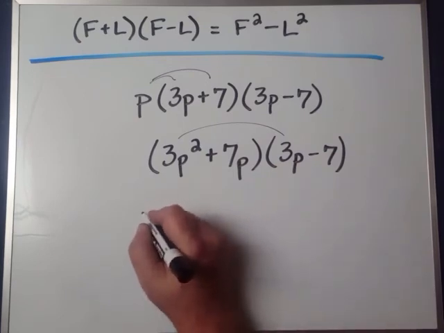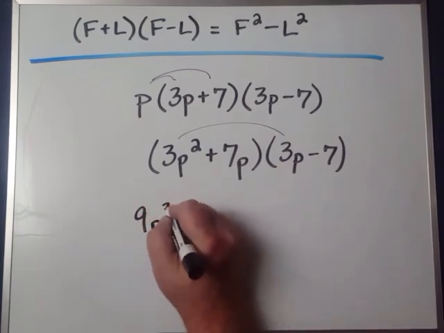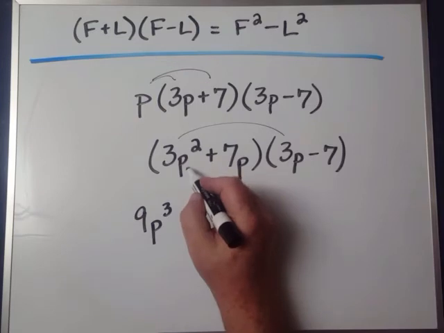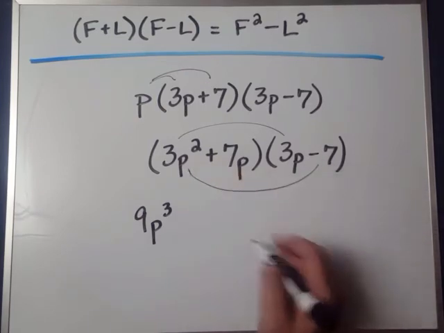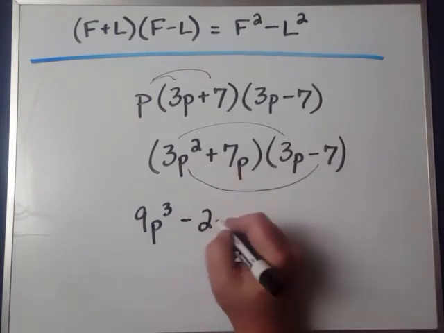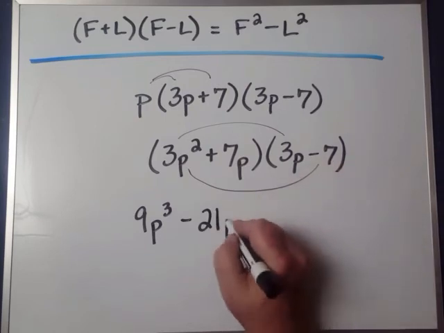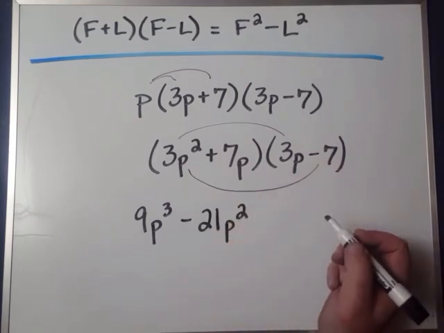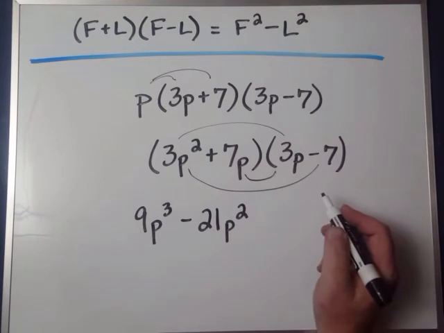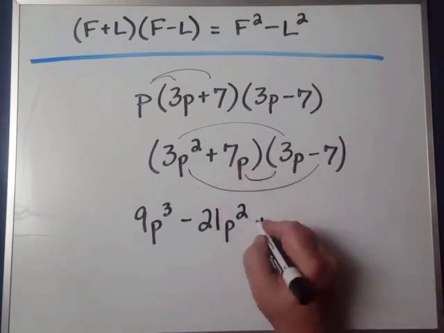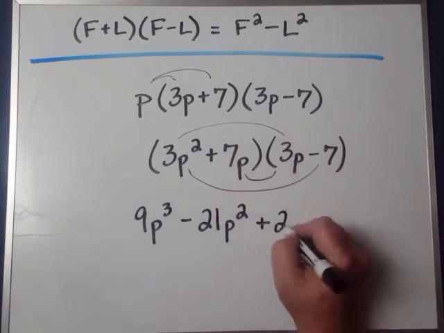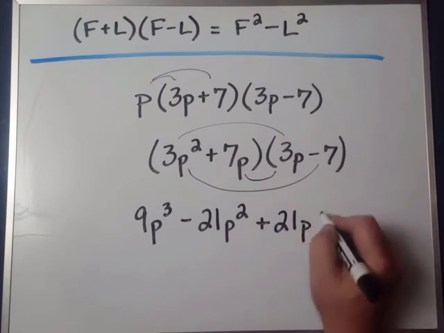Product of the first, 9p cubed. Product of the outside, watch your signs, minus 21p squared. Product of the inside, this one's going to be plus, 7 times 3 is 21, p times p is p squared.